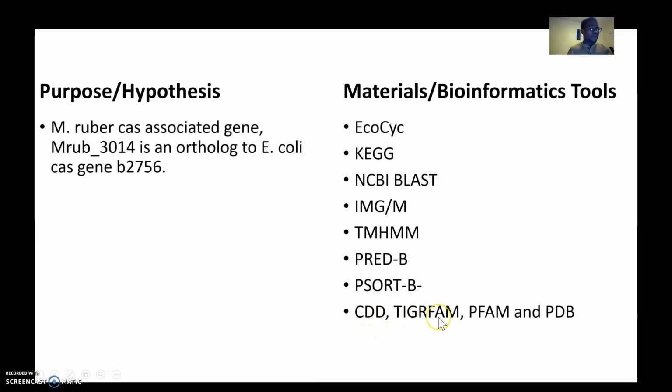We used TIGRFAMs to assign proteins to protein families based on similarities, and then we used Pfam to analyze amino acid sequences for protein domains and family clans. And then we used the PDB to see if MROB 3014 and B2756 have significant sequence similarity to proteins within this highly crowded database of crystallized proteins.